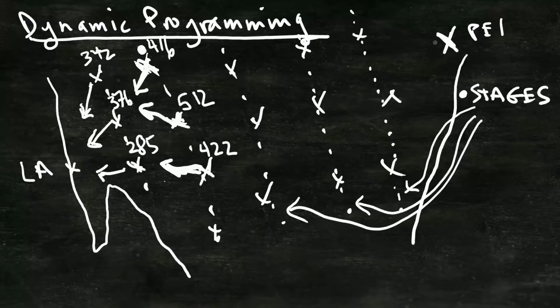And when you get to PEI, you then do the analysis to find out what the optimal objective is. And it may turn out to be that $3,212 is the highest profit route, and the way you start that route is by going to this city here.